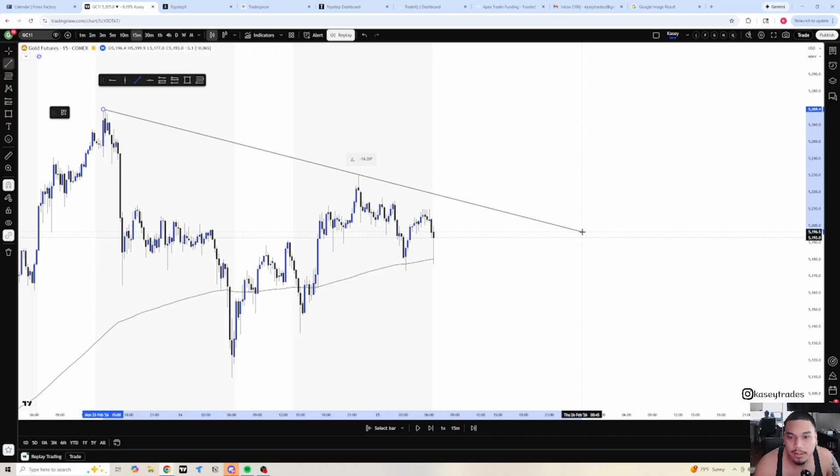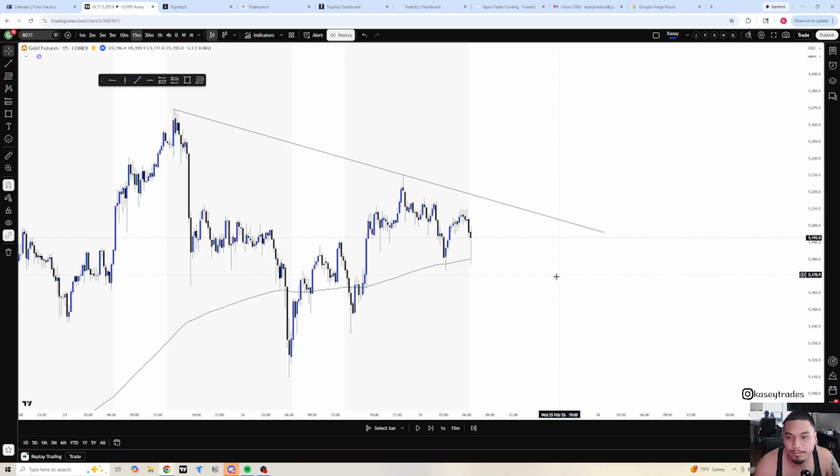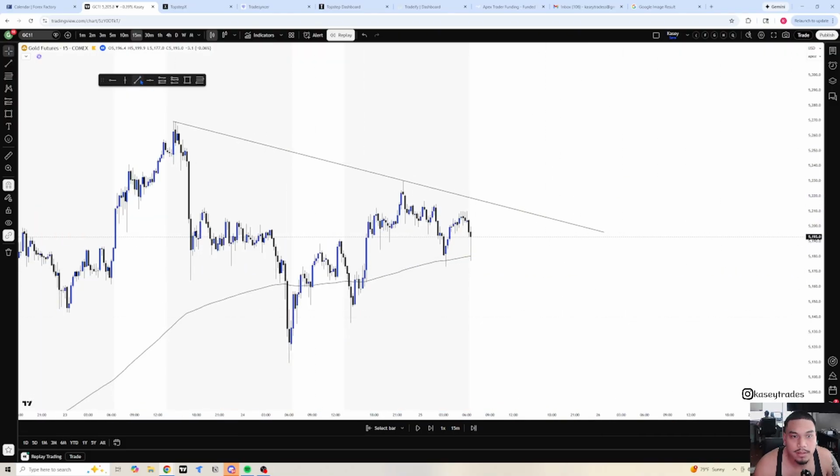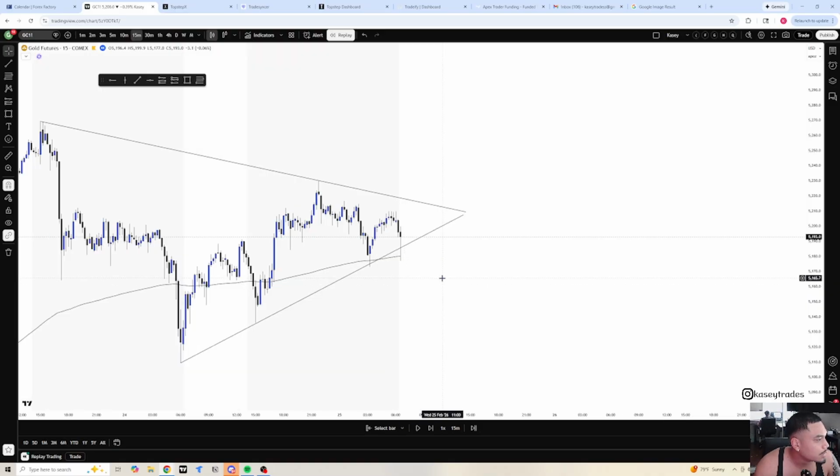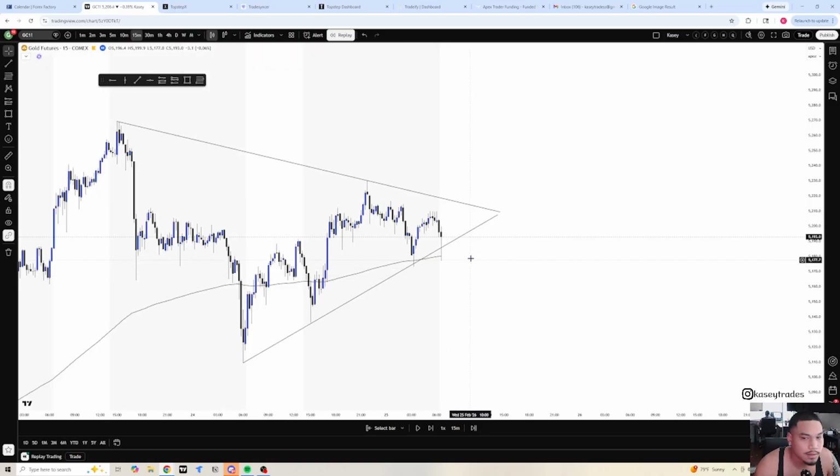The next thing that I see is this top trend line right here. I see that one, and I see this one as well. So these trend lines, if you guys aren't familiar with it, they also act as support and resistance.